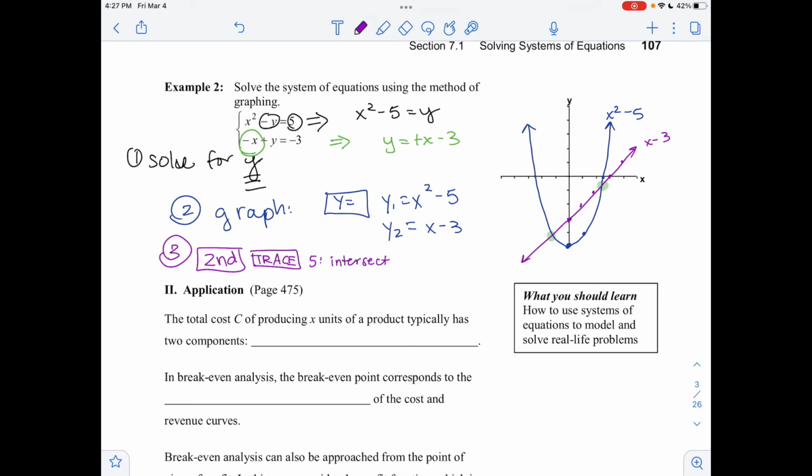And because there's 2 of them, move your cursor somewhere over here close to this point. When you hit it, it's going to put itself somewhere on one of the functions, and you'll hit enter. You'll find it somewhere on the other function, hit enter again, and then when it says guess, hit enter, and it will locate for you this exact value, which is (-1, -4).